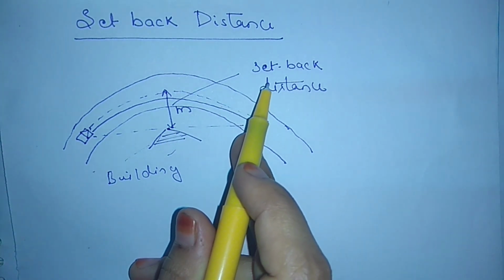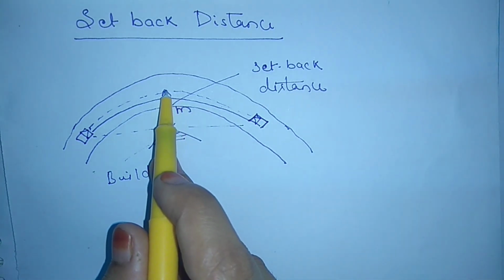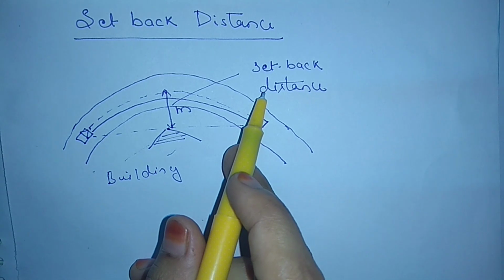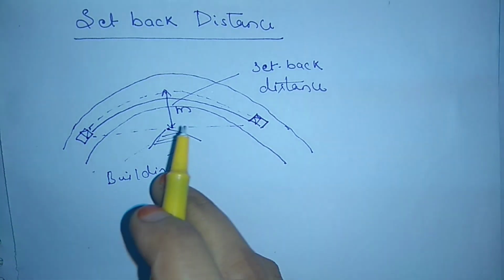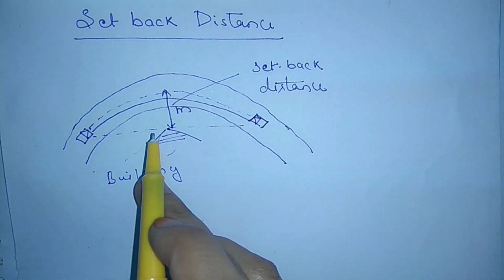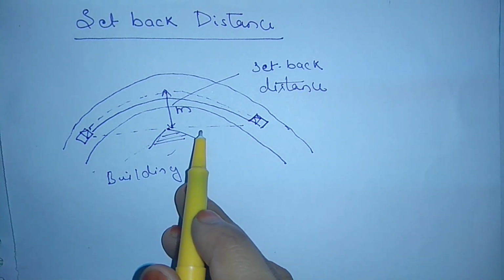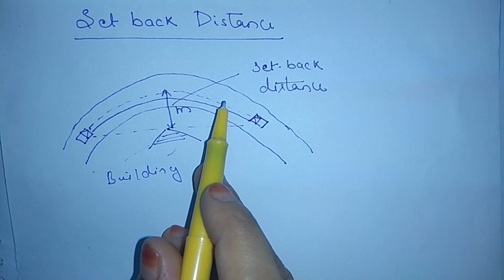This distance from this center line to this point is equal to the setback distance. So setback distance means you cannot construct the building beyond this line, otherwise you cannot provide SSD.